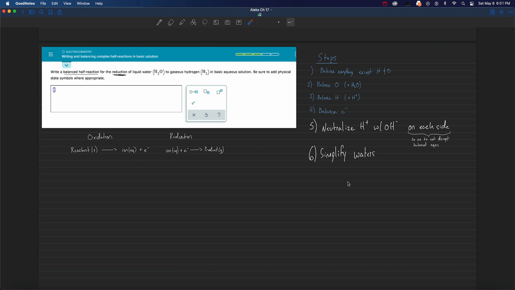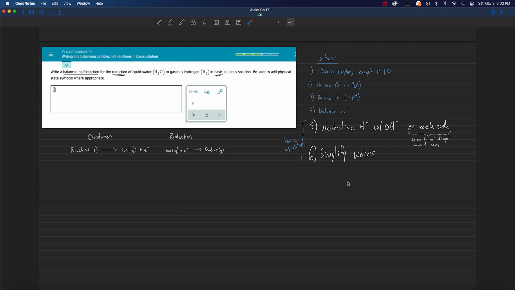For the reduction of blah blah blah to blah blah blah in basic solutions. So these last two steps that I added in white over here, you'll see 5 and 6, are for basic aqueous solutions.